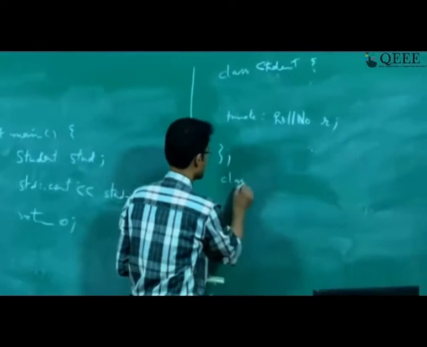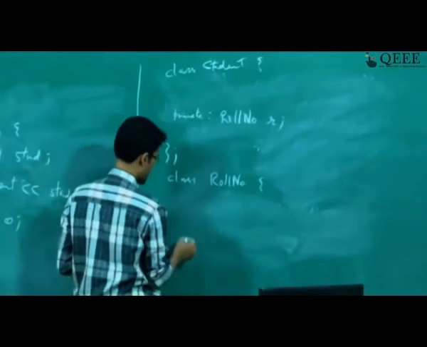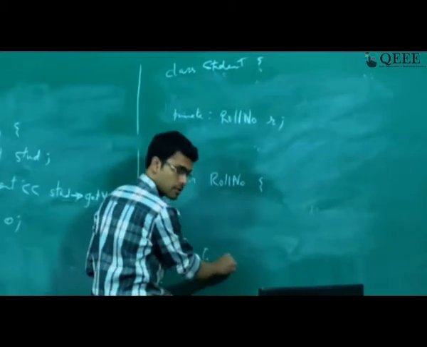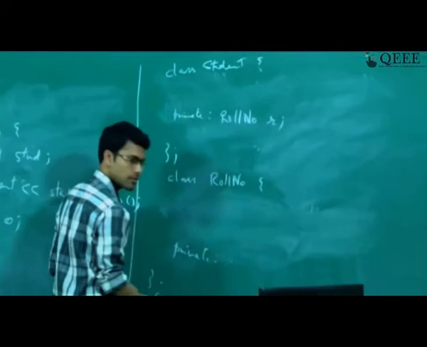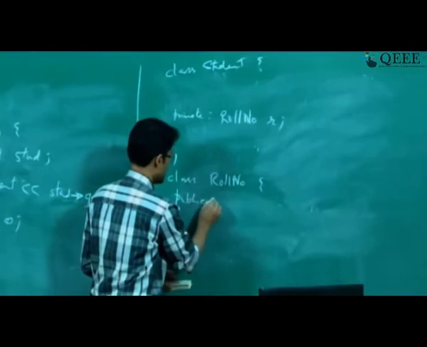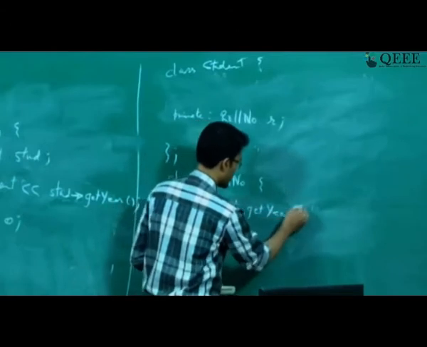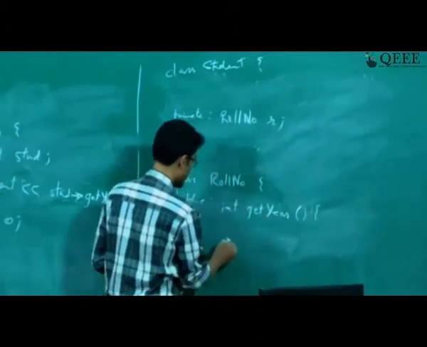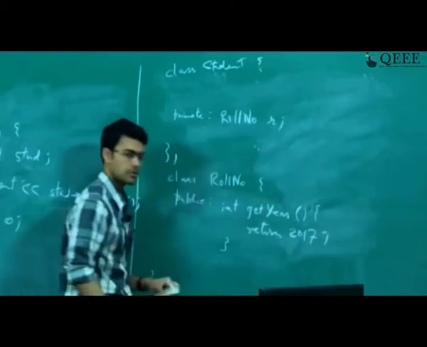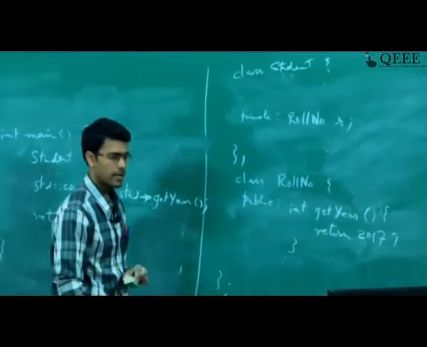So the class RollNumber essentially has a private variable, a string roll number, and a public function which is getYear. I am not doing any parsing here of that roll number, but I am sure you will be able to realize that. What I am returning is essentially only 2017. So this code works only for CS17 or whatever XY17, but you will be able to modify it accordingly.